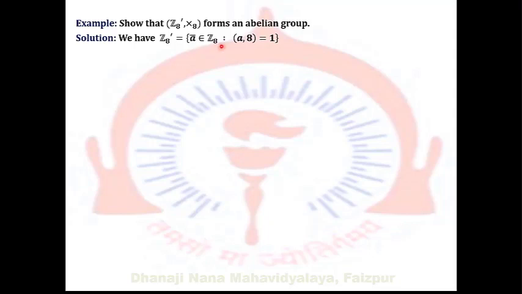Out of which the numbers 1, 3, 5, 7 have GCD 1 with 8. So Z8 dash contains the elements 1 bar, 3 bar, 5 bar and 7 bar.